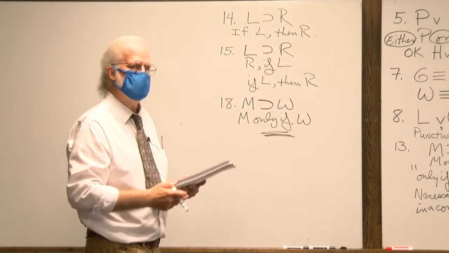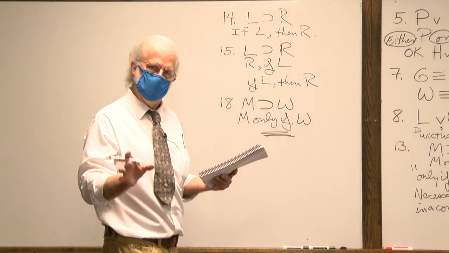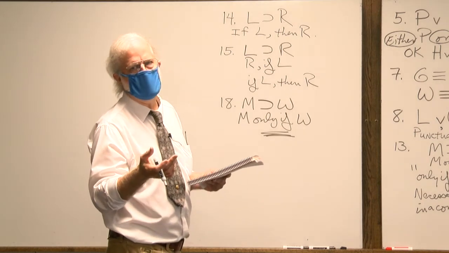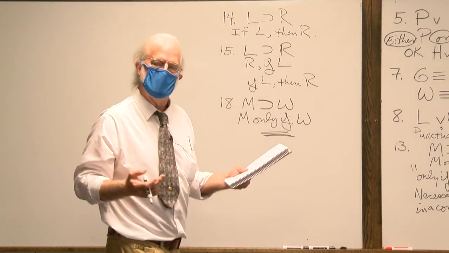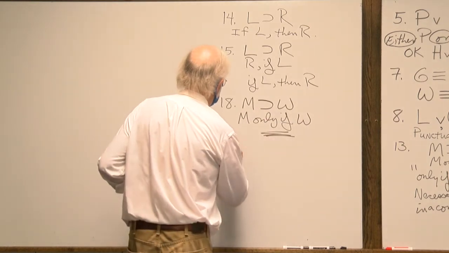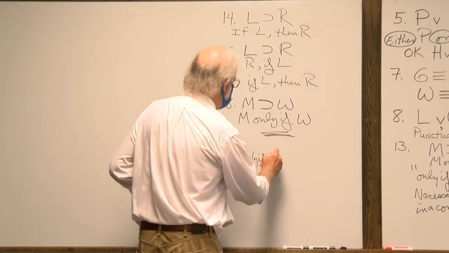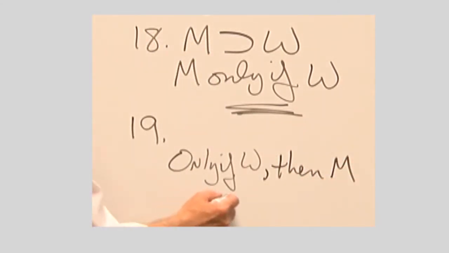It's important to compare 18 to 19 because it has the same simple statements, but now the surface grammar structure has been reversed. Here we have only if the human will is free does morality have a value. Let's sort of use the strike-through method here. Say only if W, then M. Only if, again, is going to represent or signal a necessary condition.